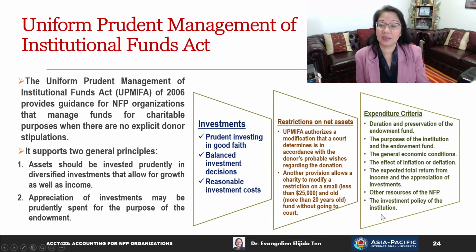And last is the investment policy of the NFP. So for those universities that do not have a huge amount of investment funds, this is not such a big deal. But there are many universities that will actually find this Act very useful.